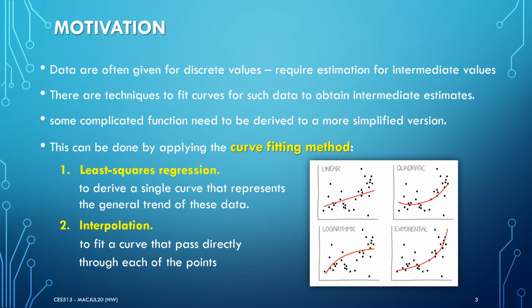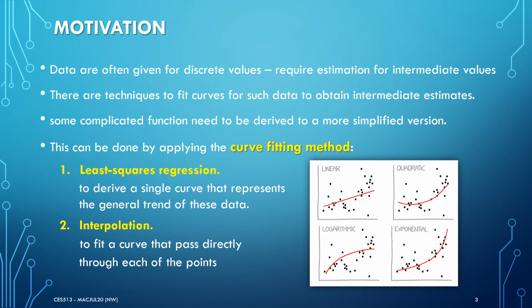And then some complicated functions also need to be derived to a more simplified version. All this can be done by applying a curve fitting method. There are a number of available curve fitting methods, but for now, let us just look at two examples. The first one is the least squares regression, and the second one is the interpolation.